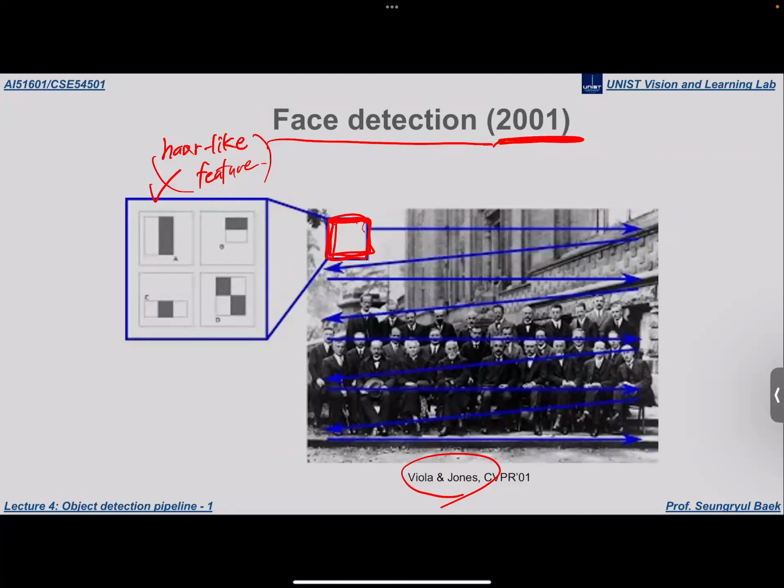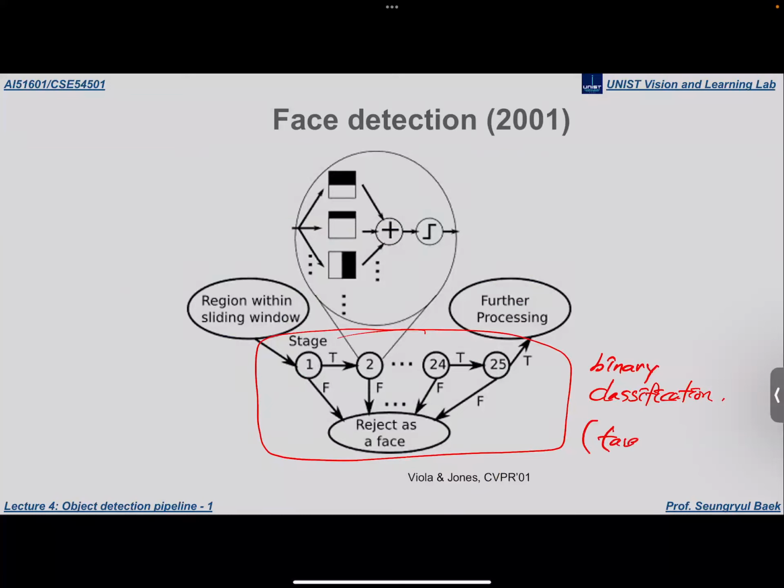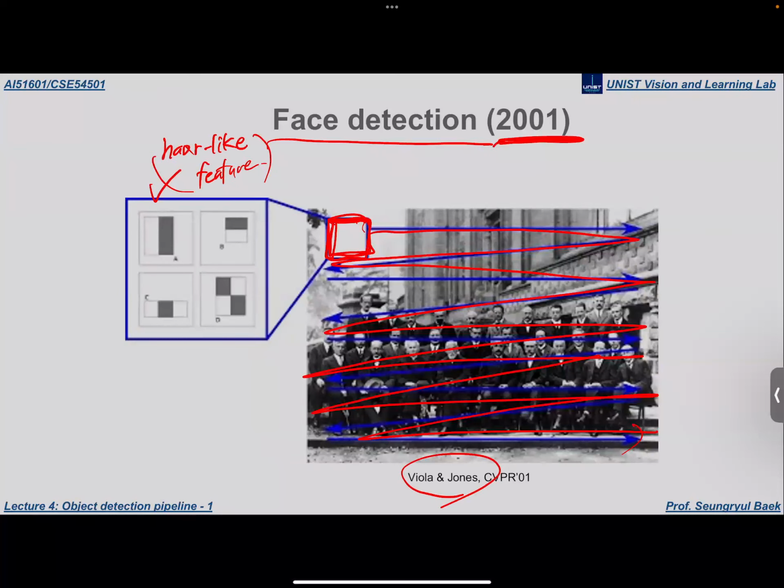Then they apply this Haar-like feature extractor using the sliding window method, and perform binary classification with the labels face versus non-face. They extract Haar-like features for all the bounding boxes and classify whether that region is a face or not.